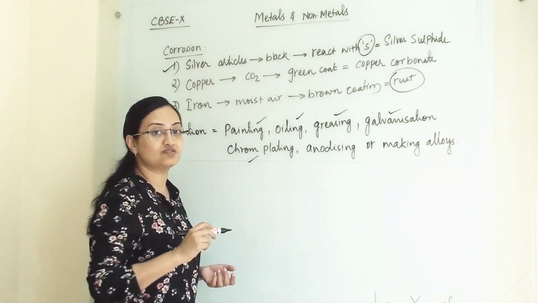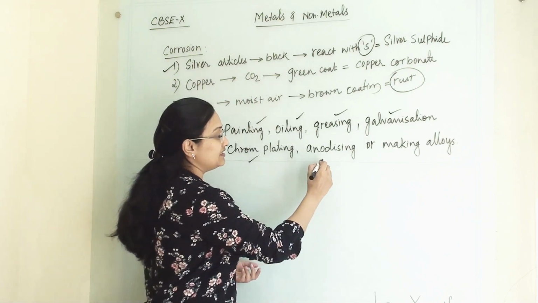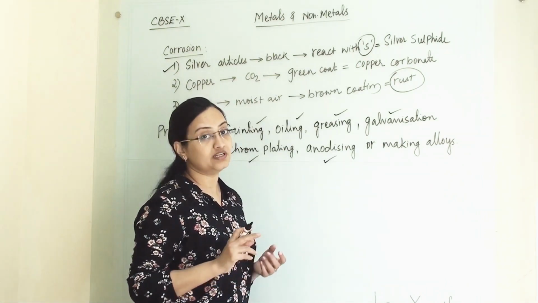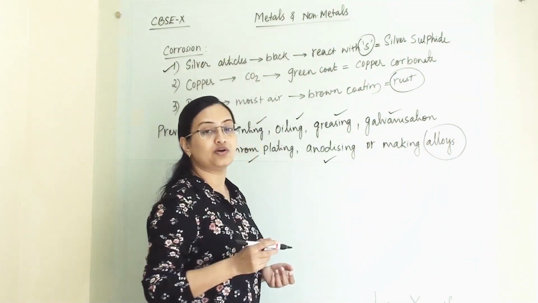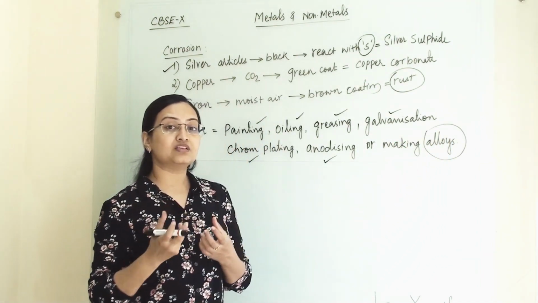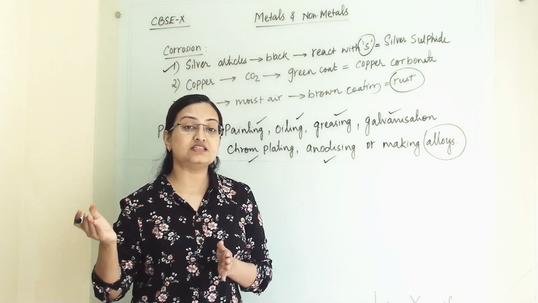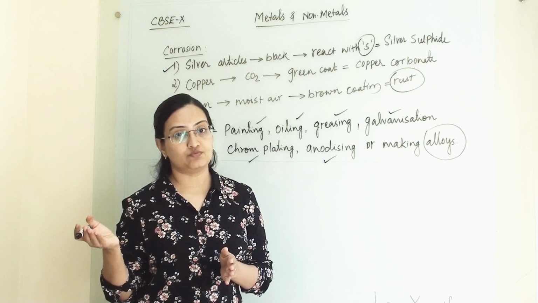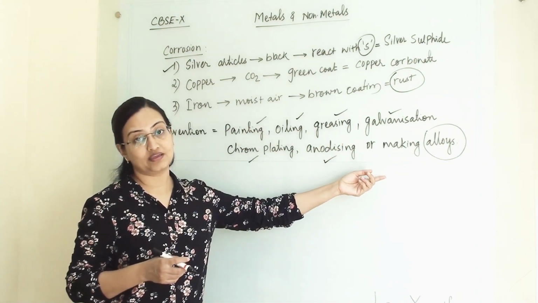Chrome plating is also a plating of metal, chromium plating. Anodizing is also an electrolytic process. Making alloys means mixing two or three metals, which will not corrode easily like our base metal. Now let us see about the galvanization and alloy making processes.